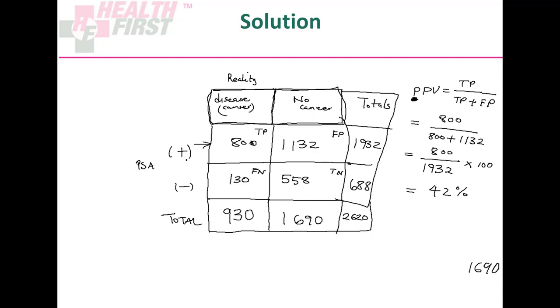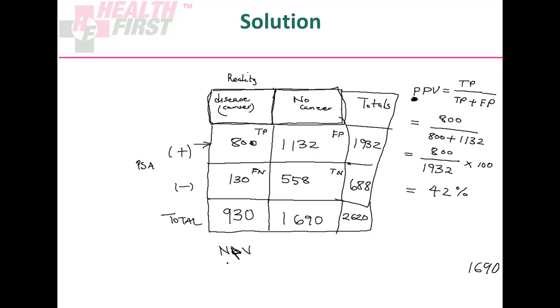Or you may say, given a positive test result, there is a 42% probability that an individual in this study would have biopsy-proven cancer or prostate cancer.